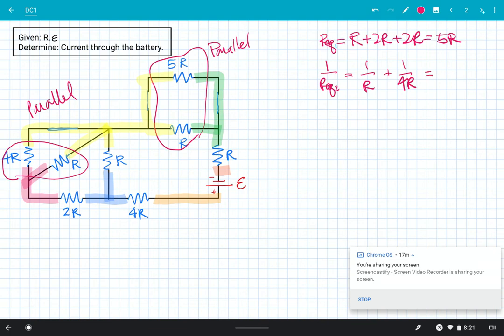That gives me 5 over 4R, and therefore R equivalent 2 would be equal to 4R over 5. I'll go ahead and replace those.